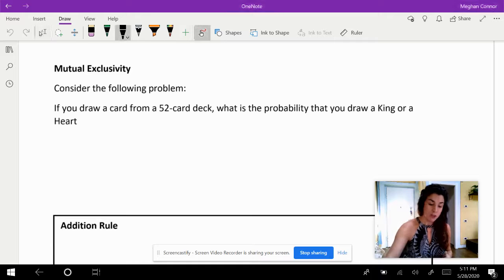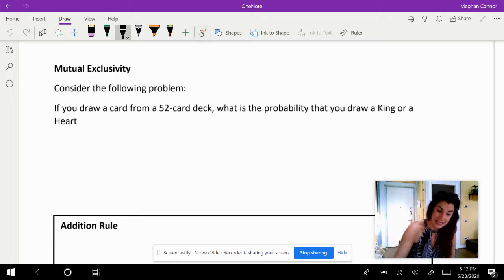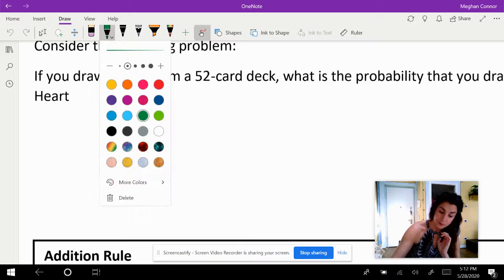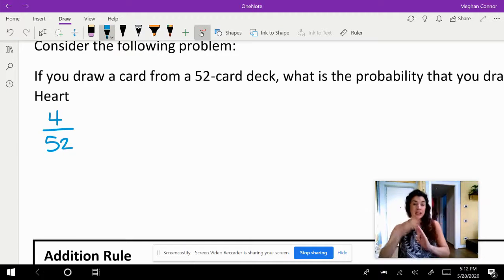So if we're talking about the probability of a king, if we want to know the probability that we're going to pull a king from a 52 card deck, there's 4 options. We've got 4 out of a total of 52. But it could either be those 4 cards or any other heart that we pull.